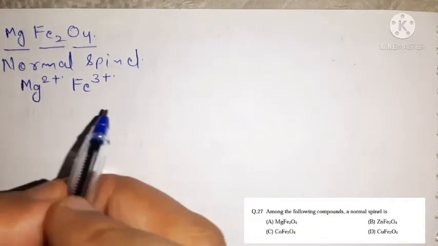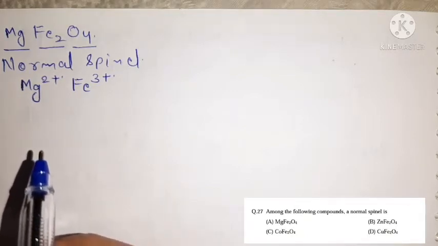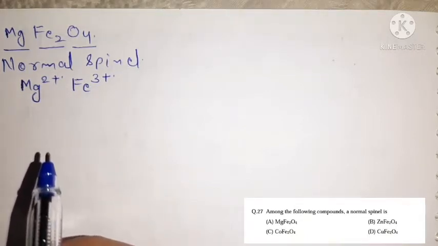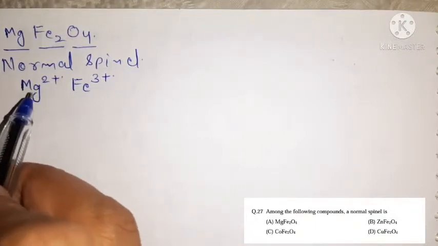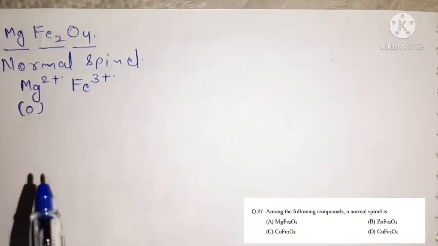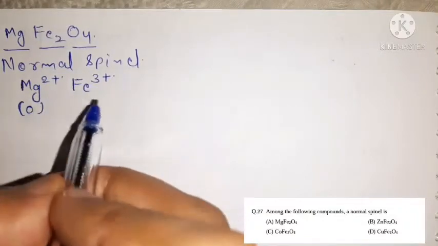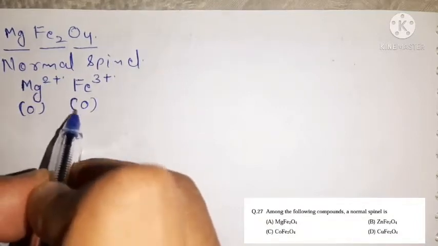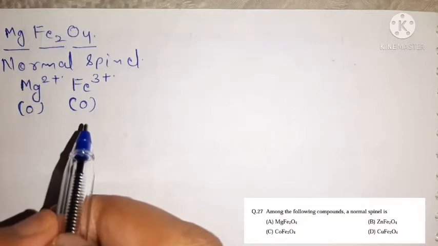We know very well that except 3d metal ions, the CFSE values of all other ions will be 0. So Mg is an s-block metal, and the value of CFSE for Mg2 plus will be 0, and Fe3 plus is a 3d5 system. So for a d5 system, the CFSE value will also be 0.